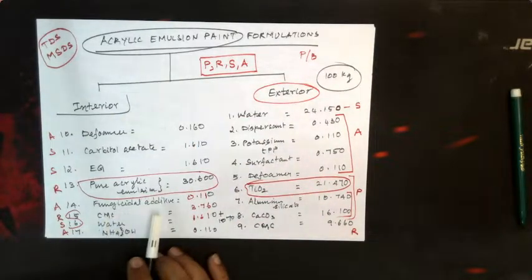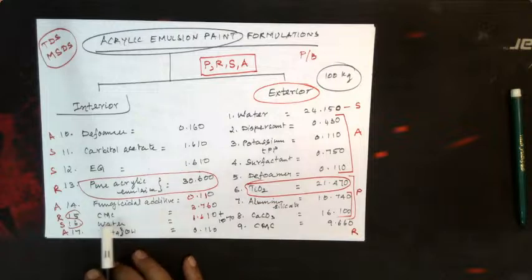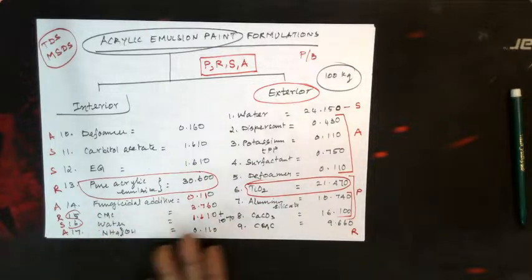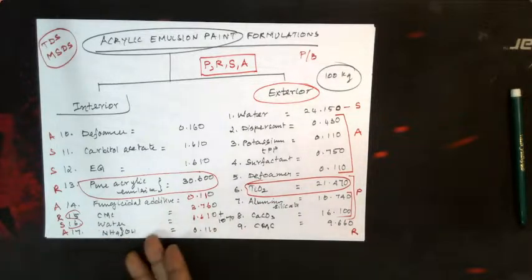Then we can add fungicidal additive, then carboxymethyl cellulose again, in order to adjust the viscosity or thickening the emulsion paint. Then you can add the residual water. Finally you can top up with ammonium hydroxide in order to maintain the pH in the weakly alkaline region. It should not be acidic. If it is acidic, it will have less pot life, okay, right.